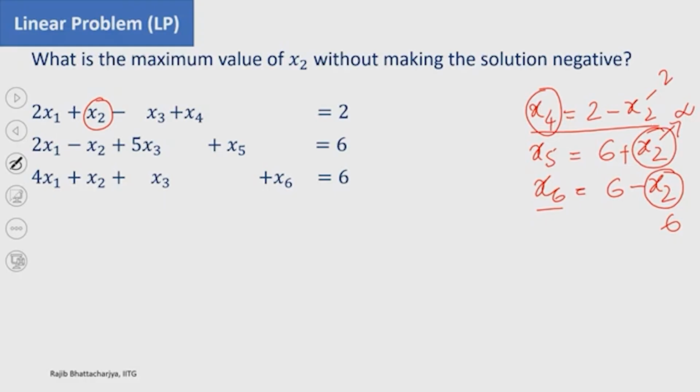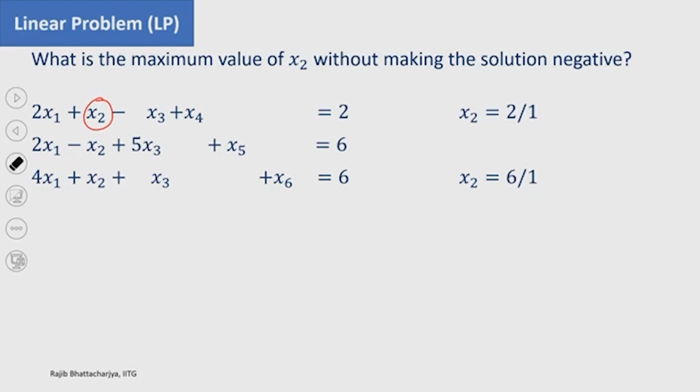But the question is, if I consider this one, then for the first equation, that is x 4, if I put x 2 equal to 6, then x 4 will be negative, and I will get an infeasible solution. Therefore, what is the rule? We will take the ratio of b by a i s.